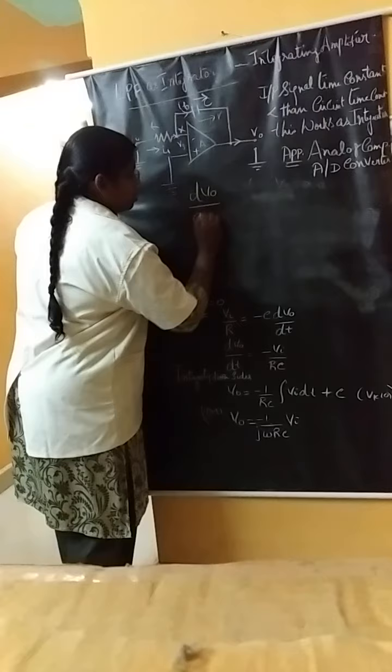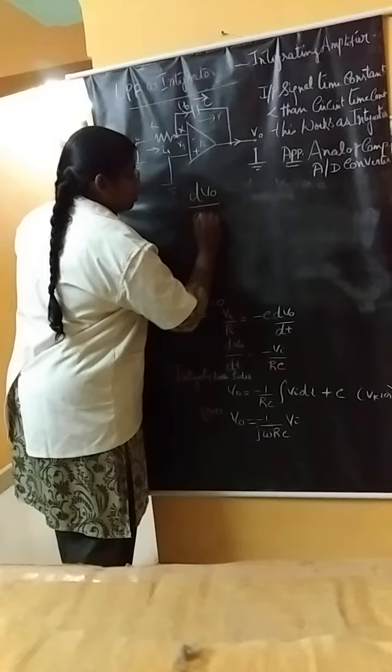Before, we have seen that Vs equals 0. Applying here, this term goes to 0 and here this term goes to 0. Therefore, Vi by R equals minus C dV0 by dt.